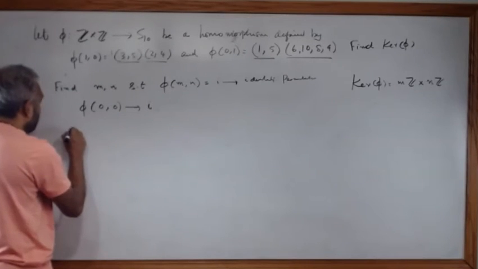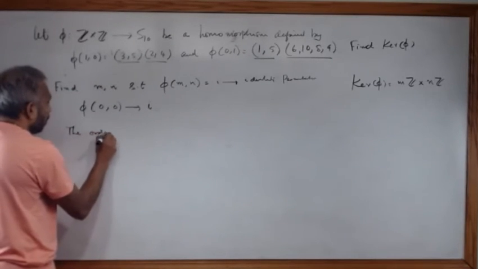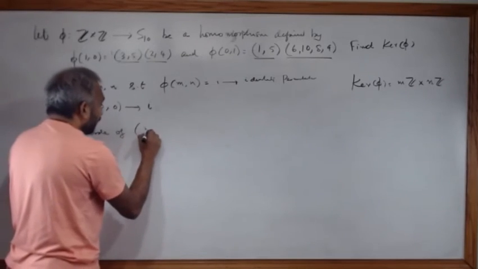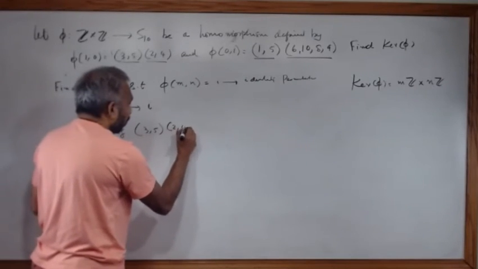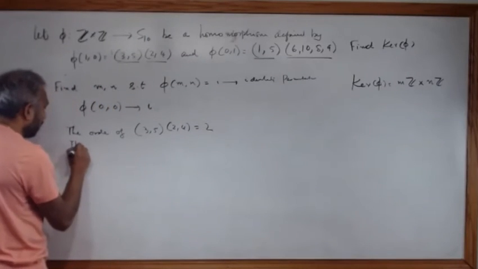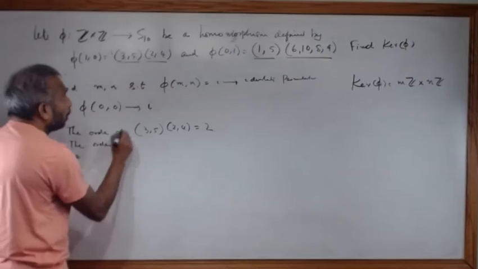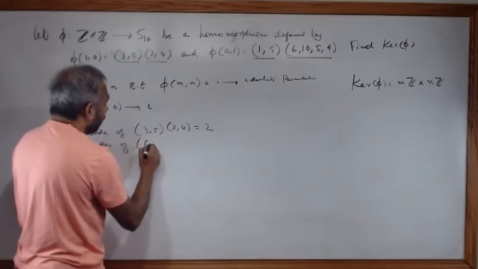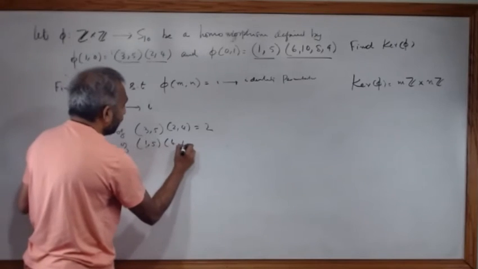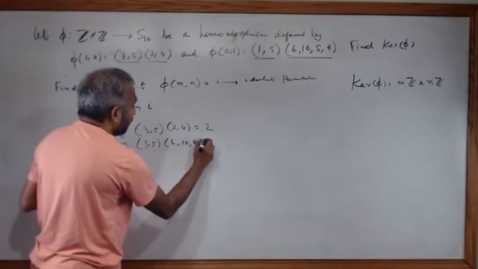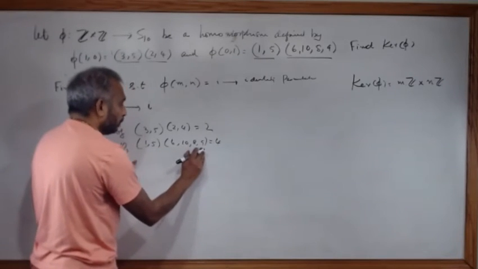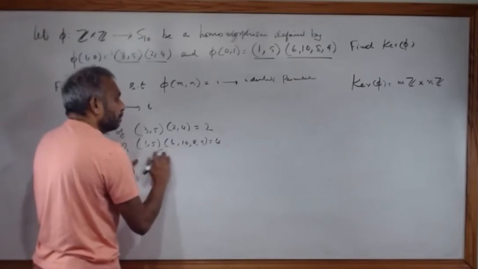The order of (3 5)(2 4) is equal to 2, because both of them are transpositions. And the order of (1 5 6 10 8 9) is equal to 4, because this is 2 and this is 4, so the LCM of this is 4.